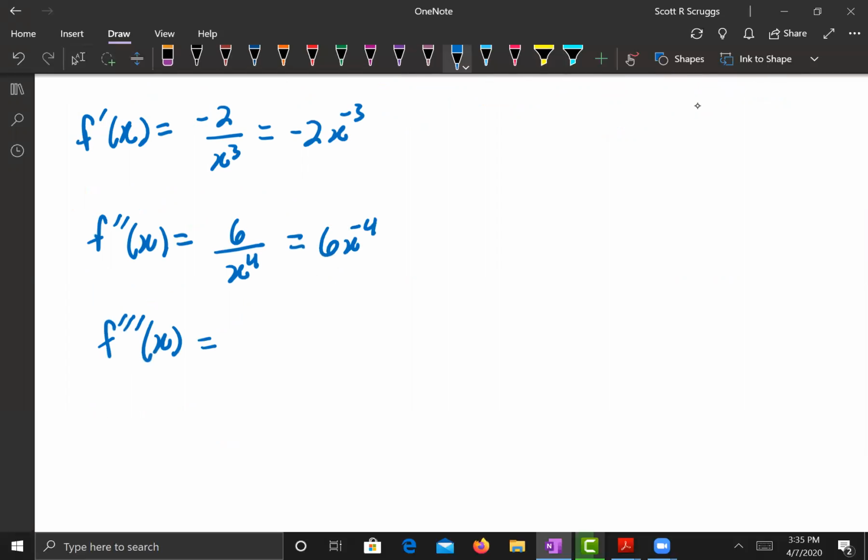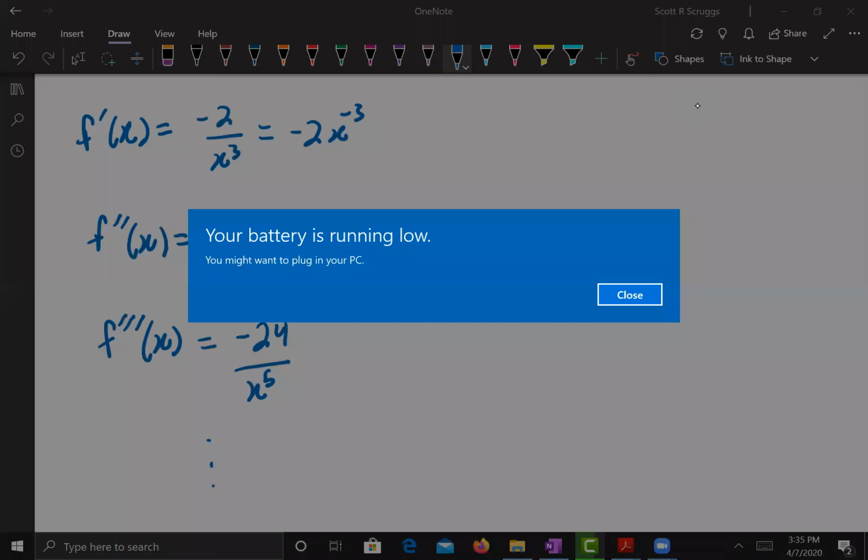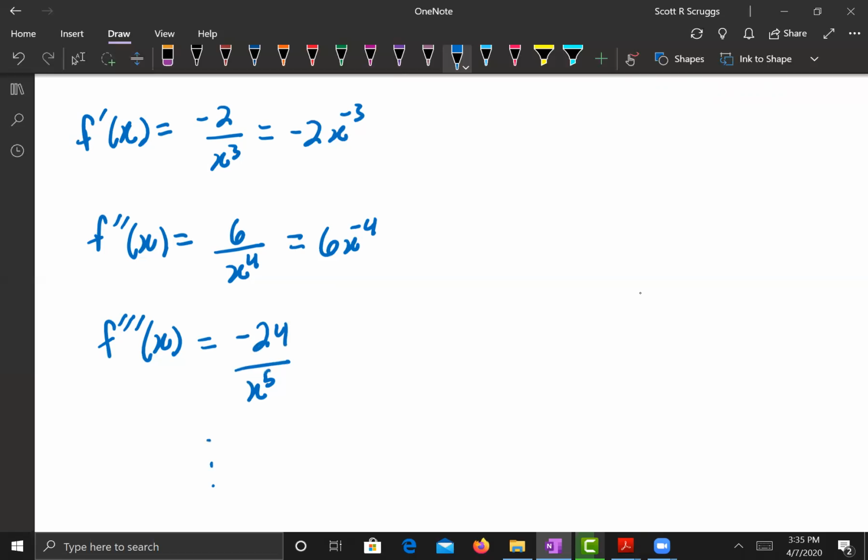So the third derivative will be the derivative of the second derivative, which will be 6 times 4, so negative 24 over x to the fifth. Let's make clear that that's an exponent. And the pattern is going to keep on going like that.